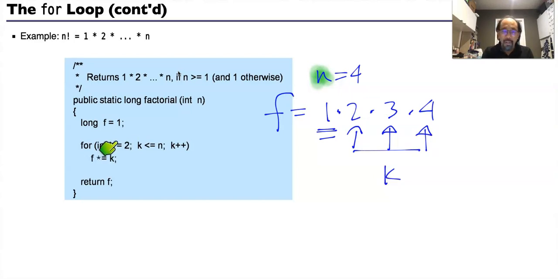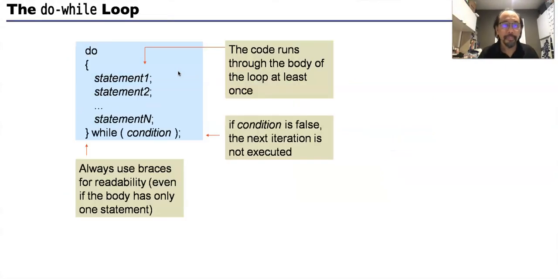So by initializing at 2, testing if k is less than or equal to n, and incrementing k by 1 each time, at the very end of the loop, I will have accumulated this 4 times 3 times 2 times 1 number.